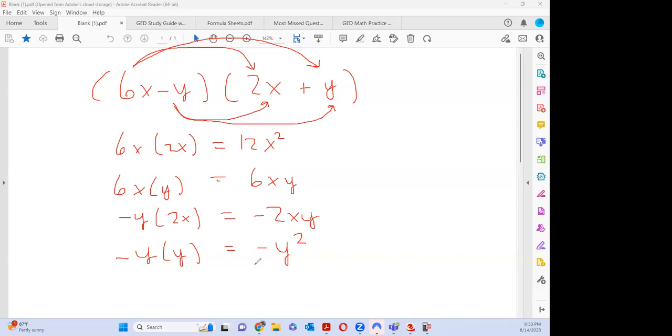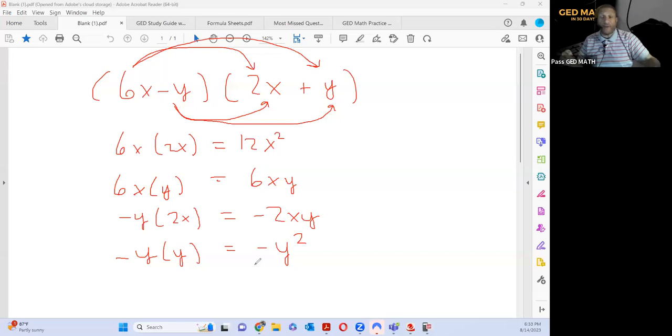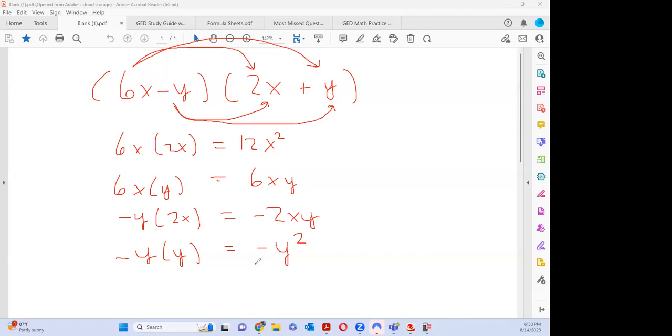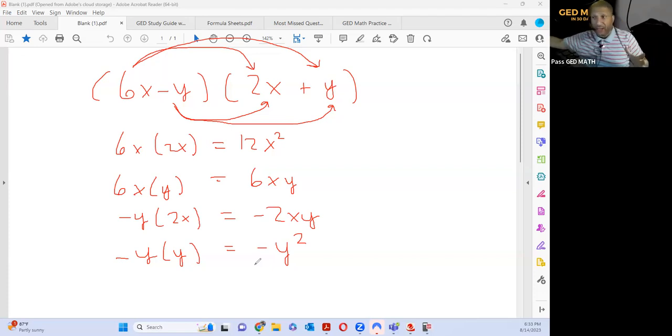These answers should be popping off fast. If not, you need to go back and make sure you understand the distributive property, combining like terms, and the exponent rule. Because if not, you're going to compound your frustration when you get to algebra. So now, combining like terms. Do you have any like terms?